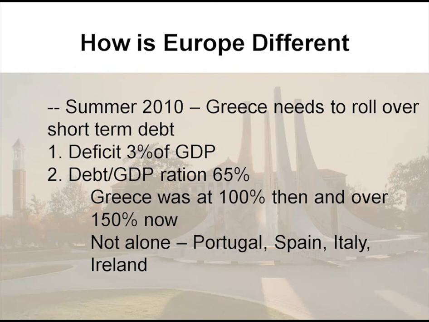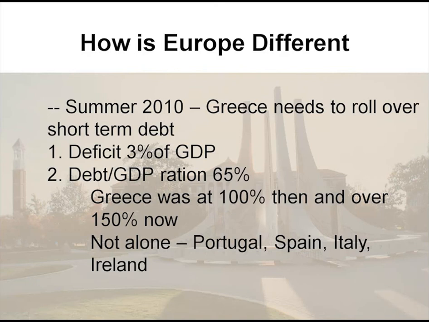And the European Central Bank was not going to buy their bonds. So as Greece was rolling over those bonds, people realized that the only way Greece was going to be able to pay off that debt in the future was if they increased taxes or cut spending. And people had little confidence that Greece was going to be willing or able to do that.